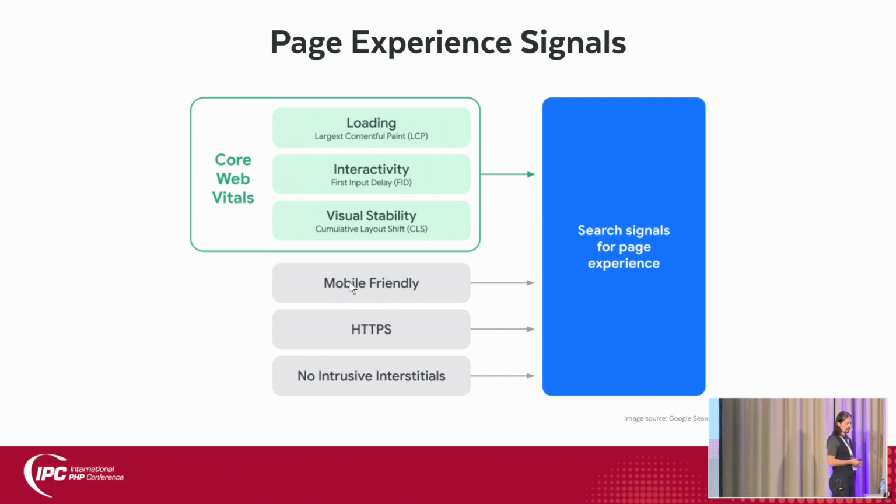Then there's the interactivity, the first input delay. How long does it take before the user can actually click on the web page for it to do something, for the buttons to actually react to the user input? And then the visual stability, that's the cumulative layout shift.